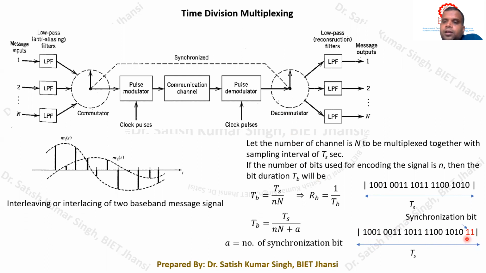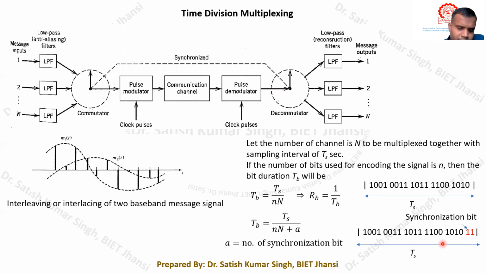Once this bit pattern appears, the decommutator will automatically know that it is the end of the frame and the next frame is going to appear. This way we establish synchronism between the commutator and the decommutator. So certain synchronization bits may be added at the end of the frame.